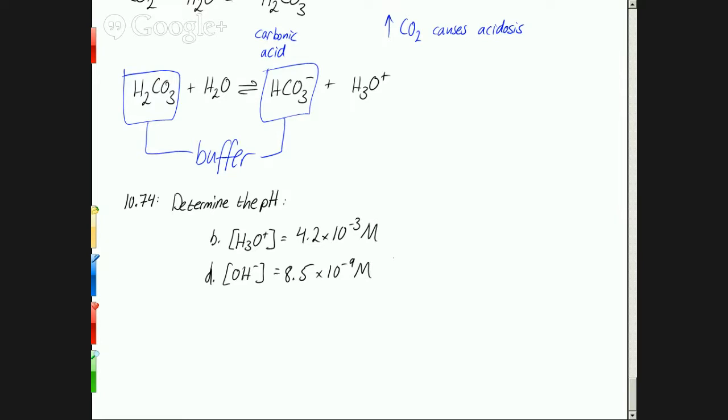In each case, you're given the concentration of either hydronium or hydroxide and then asked to find the pH. So how do we find the pH of that first solution?